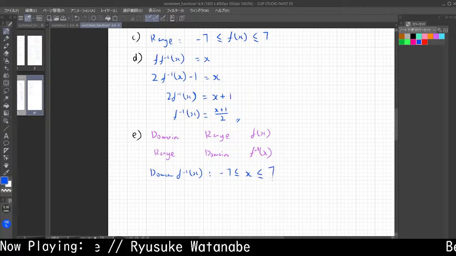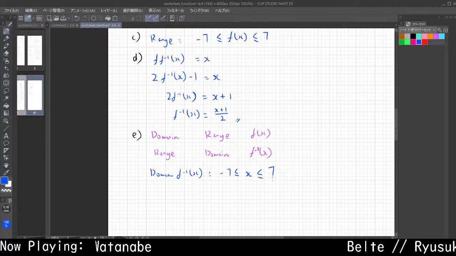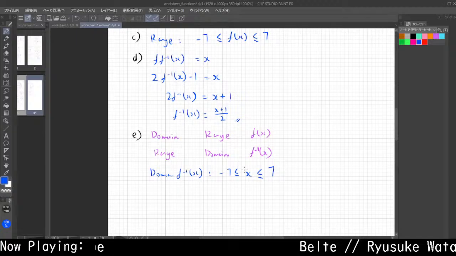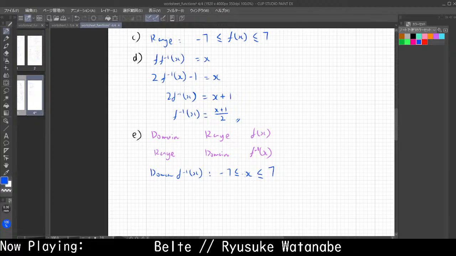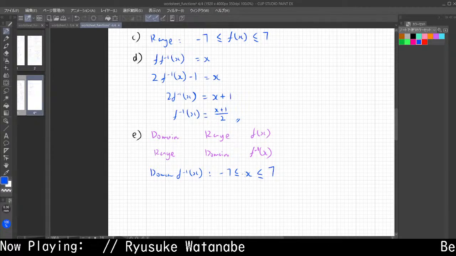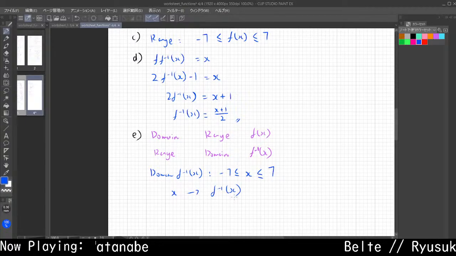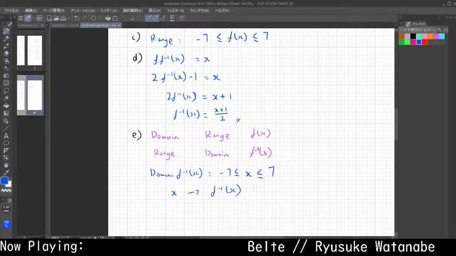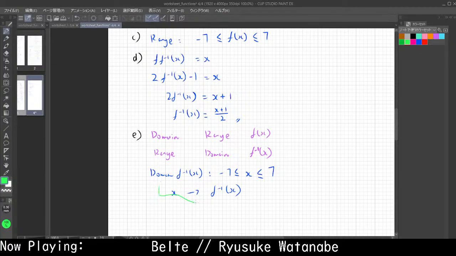If you want to write it in inequality notation, please take note that the middle letter over here would change, because for the domain we are talking about f inverse as a function itself. So you start from x, you go through f inverse x to get your result. That's why it actually looks like this.